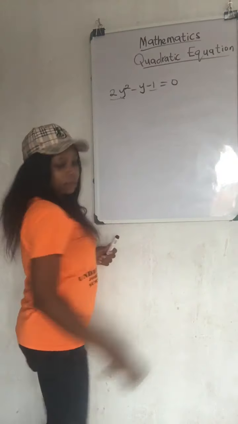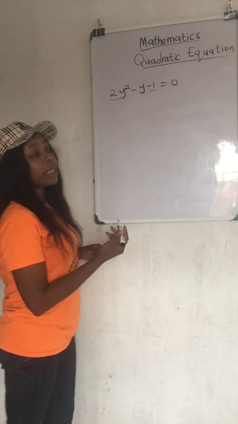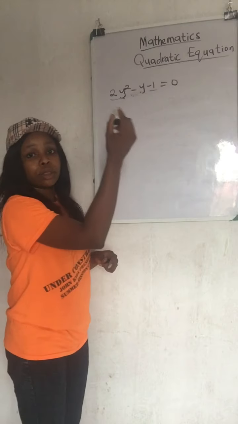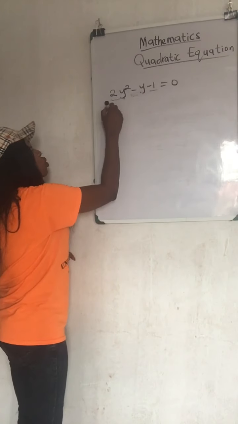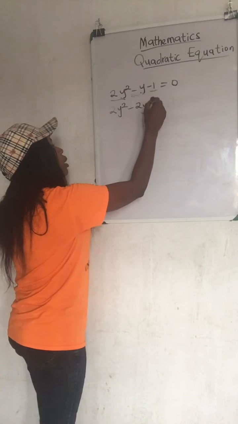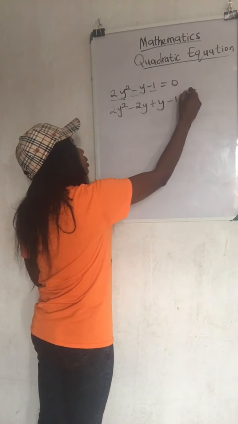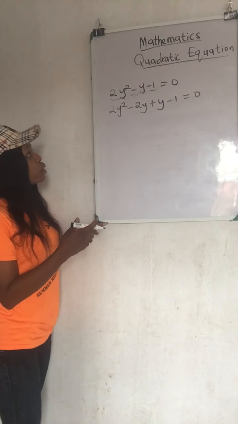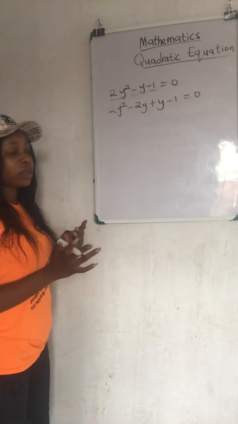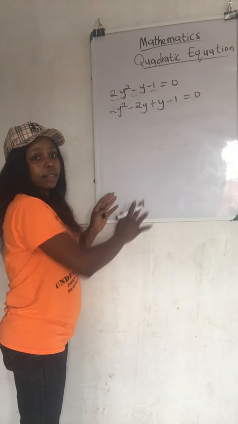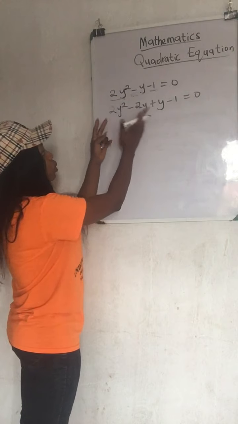So the next thing to do is to replace the middle term with those two numbers, that is 2y squared minus 2y plus y minus 1 equal to 0. When you do this, the next thing to do is to group your equation. While grouping, you check for like terms, things that are similar in the two terms.